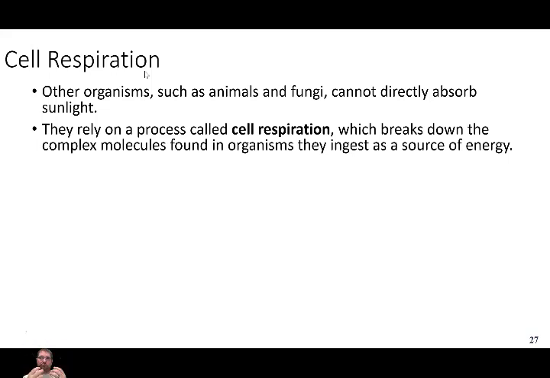They can create their own carbohydrates from absorbing photons. Then they can take those carbohydrates and break them down through cellular respiration into utilizable energy. But it's all in one system. They don't have to consume another organism. Animals and fungi, on the other hand, don't have the capability of taking those photons and making that carbohydrate. Instead, they just have to consume it and do the process of cellular respiration.